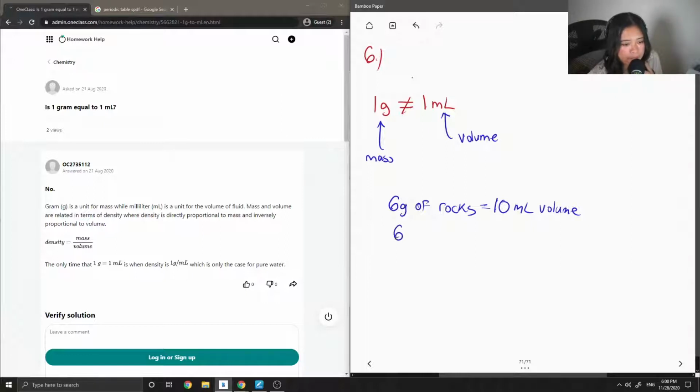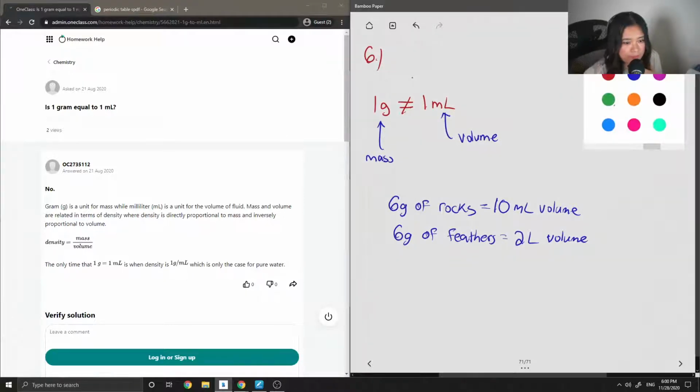But let's say we have 6 grams of like feathers. You would need way more feathers to get 6 grams. Let's say you need like a whole 2-liter volume of feathers. So that's the reason why 1 gram isn't equal to 1 mil.